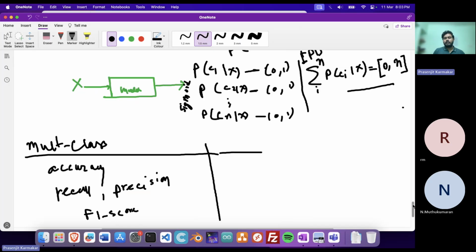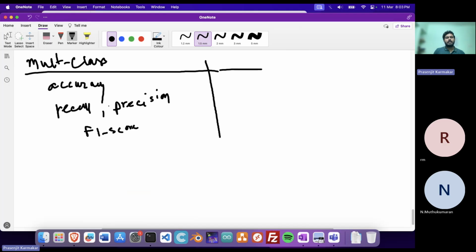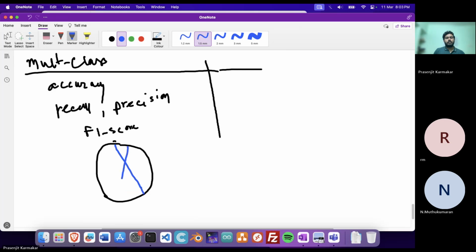One thing is very important in this case. In a multi-class scenario, there can be a data distribution that looks like this. Let's say a pie chart with a class C1, a class C2, a class C3, and C4.